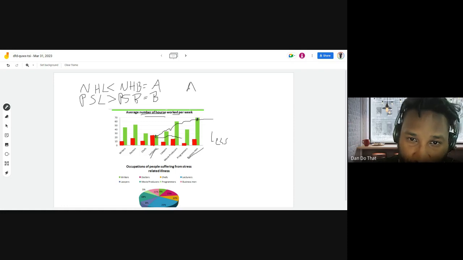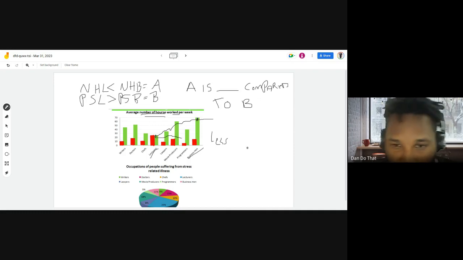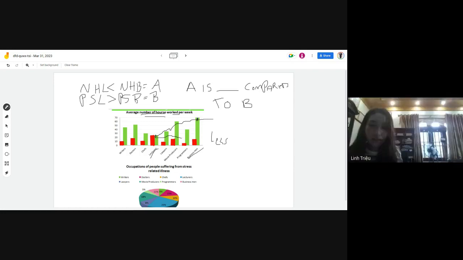A is blank compared to, make this thing make sense. Opposite.